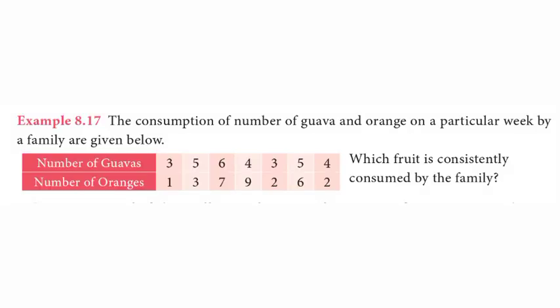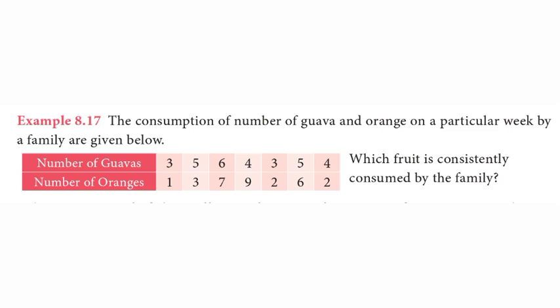Okay. Next, example 8.17. The consumption of number of guavas and oranges in a particular week by a family are given below. Number of guavas: 3, 5, 6, 4, 3, 5, 4. Number of oranges: 1, 3, 7, 9, 2, 6, 2.